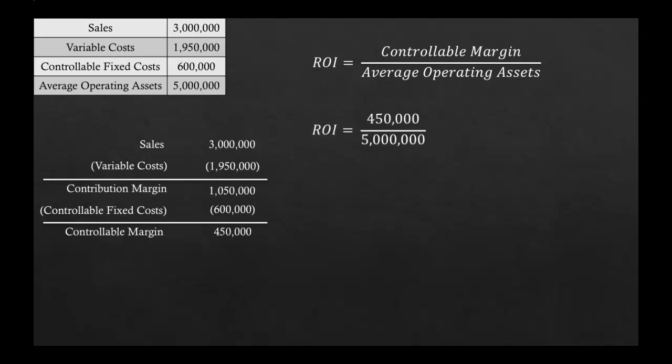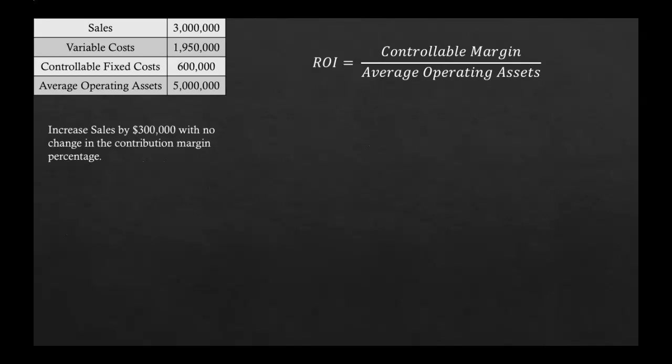So we can plug in those numbers into our ROI formula. Our controllable margin is 450,000. Our average operating assets are 5 million. So the ROI for the current year is 9%. So we will keep that in mind as we go through each of our 3 independent courses of action to see, are they better than the current year and are they the best option?